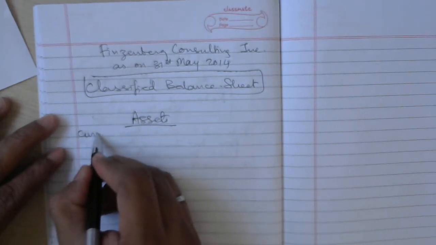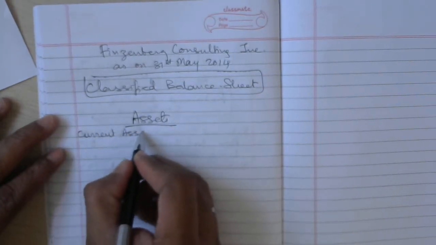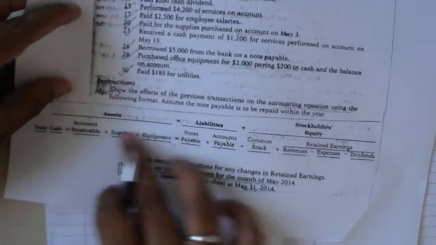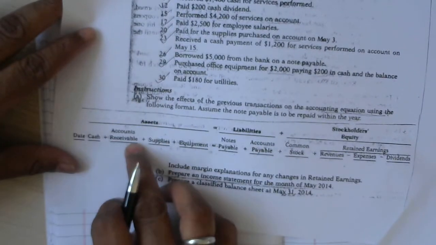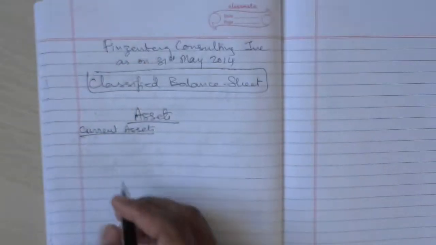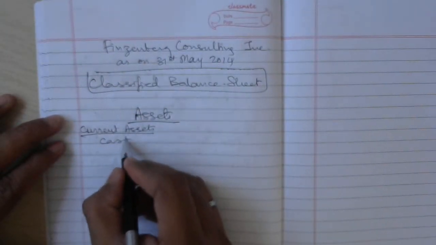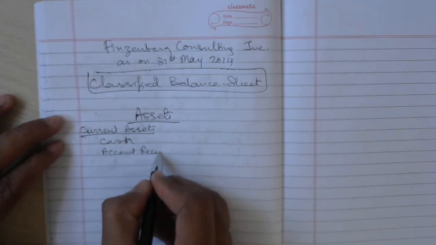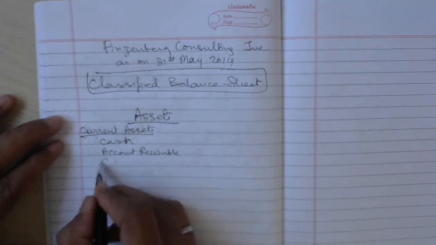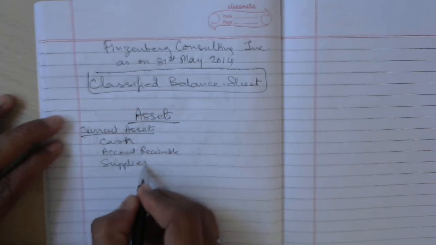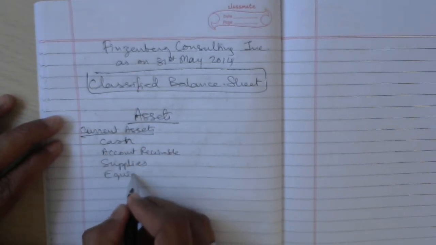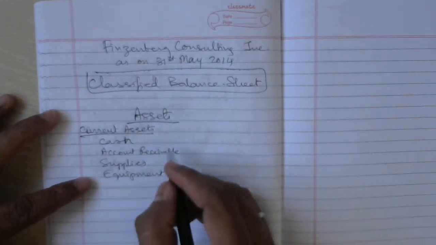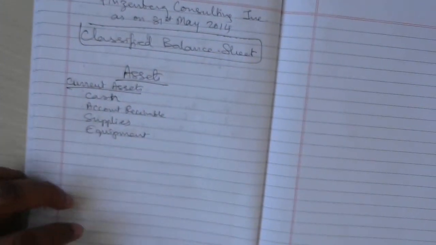So we have current assets. And what are the assets? Already we have all the assets mentioned here. Cash, accounts receivable, supplies and equipment. Equipment is not strictly a current asset, but for this problem I am just doing it to simplify it.